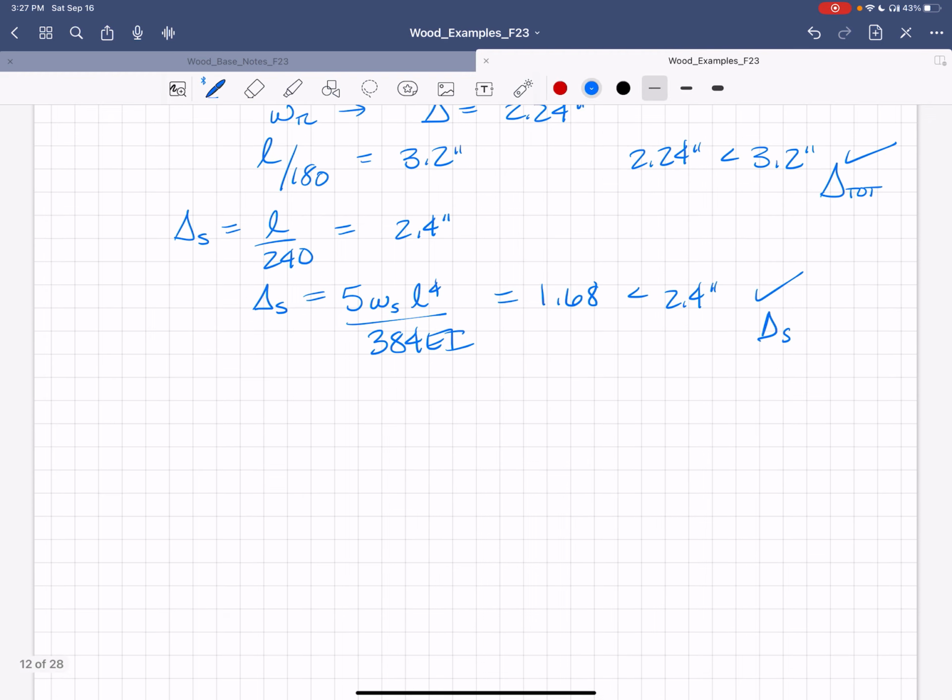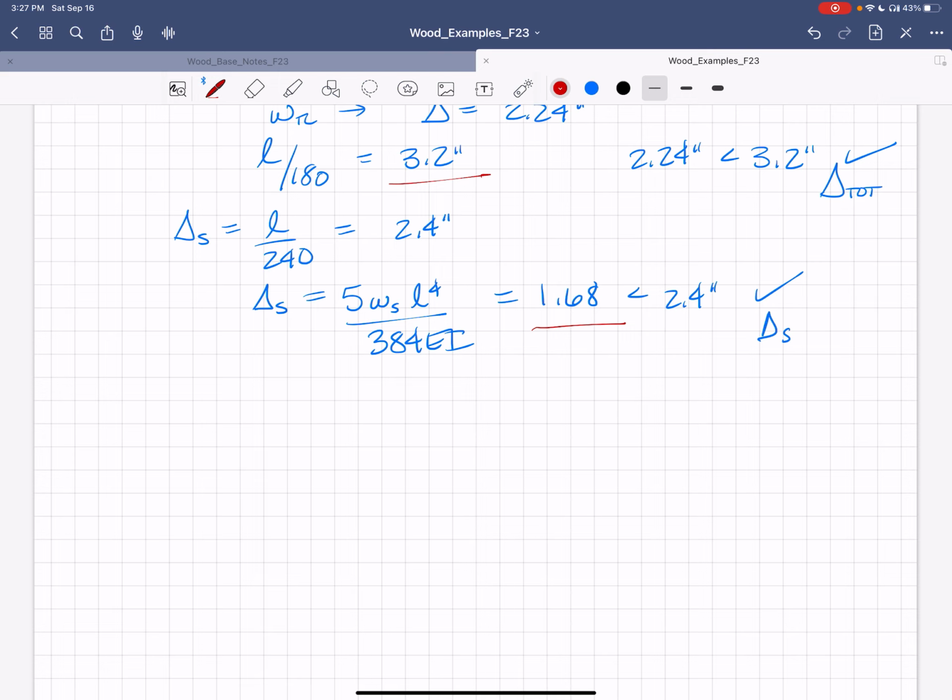Now, both of these meet the requirements, but 3 inches of deflection and 1.6 inches just from snow load. So, almost a 2-inch deflection on your roof beam just because of snow load. Although that's probably full snow load is a bit much.